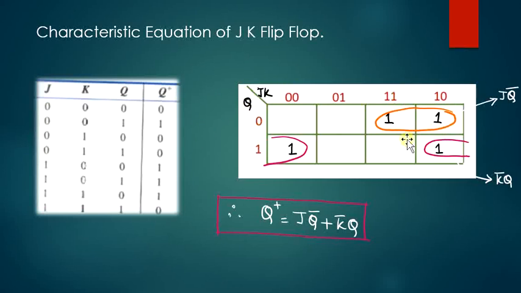So I can form two groups by mapping the min terms onto the Karnaugh map, and I obtain the expression as JQ bar and K bar Q. So the final expression for the JK flip-flop will be JQ bar plus K bar Q.